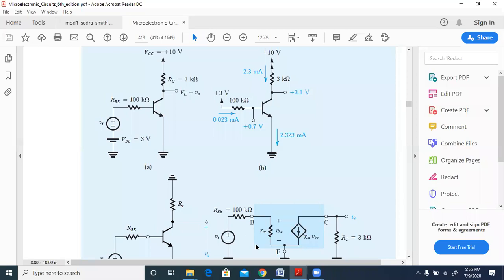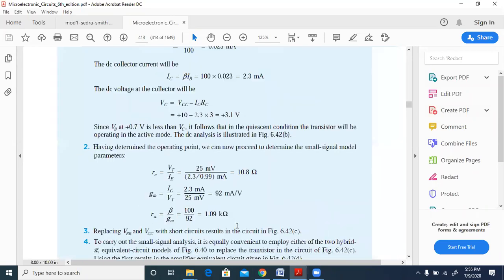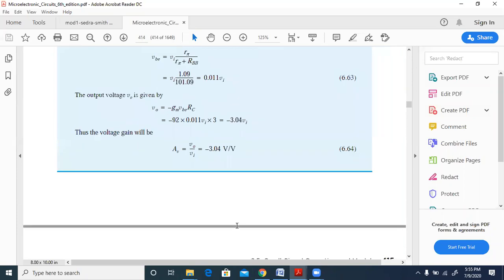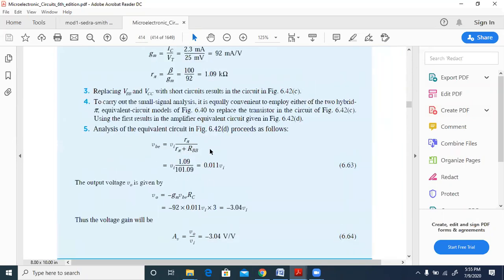Other way of writing just that is VI into R pi divided by RBB plus R pi, and that will be the value. That is what is found over here, right? VI into 1.09 divided by 101.09, and that turns out to be 0.011 VI.